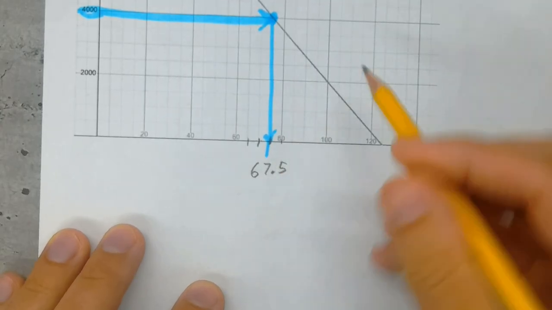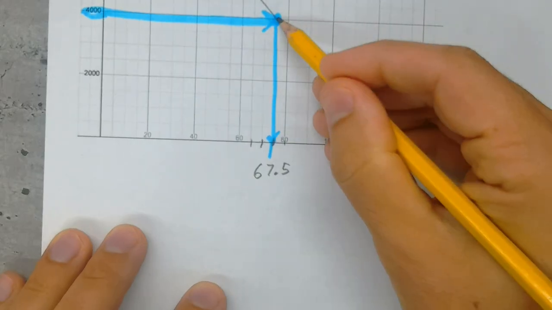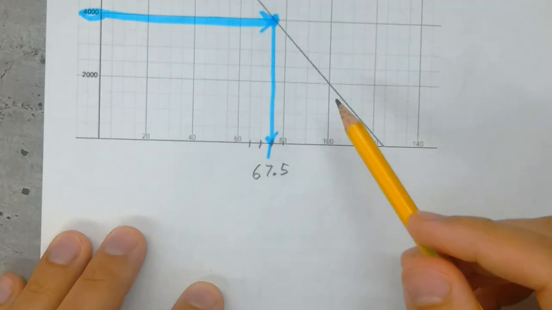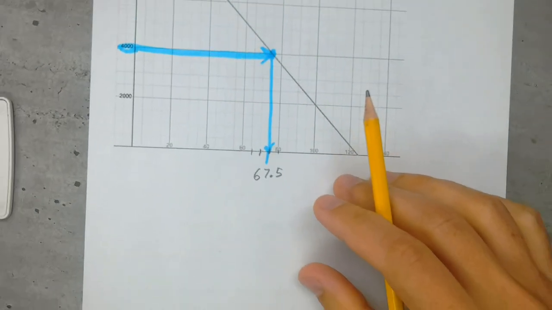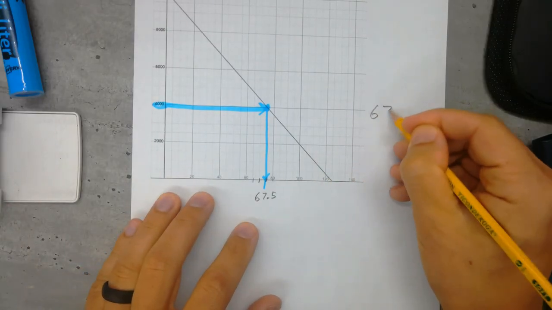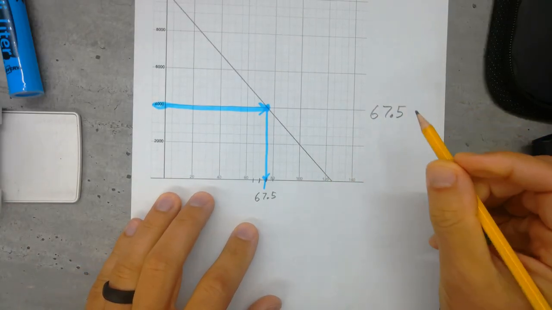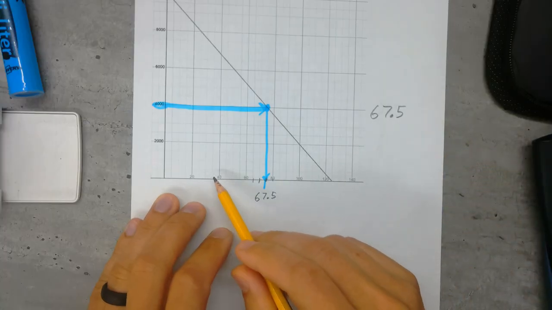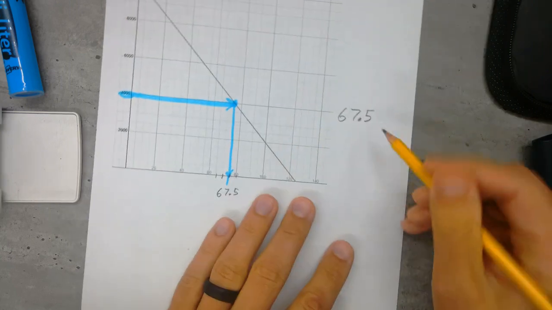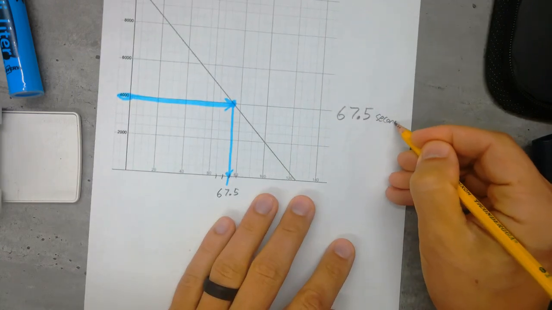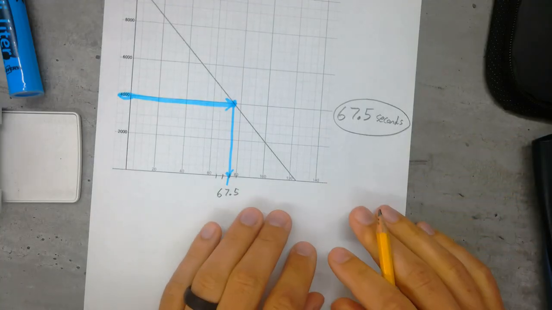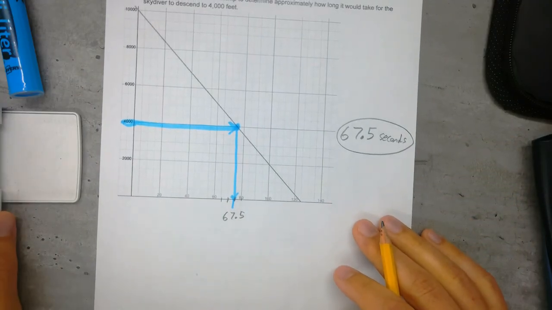All right, now if your prediction says about 68, because it was actually a little bit to the right, that's okay as well, because we're saying approximately, and we're taking an educated guess there. So I would go ahead and say 67.5. And what is this measured in? This was negative 80 feet per second, so 67.5 seconds. All right. That's where we will end this. Good luck. Make sure you work hard.